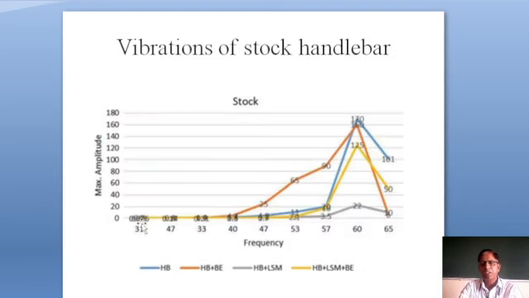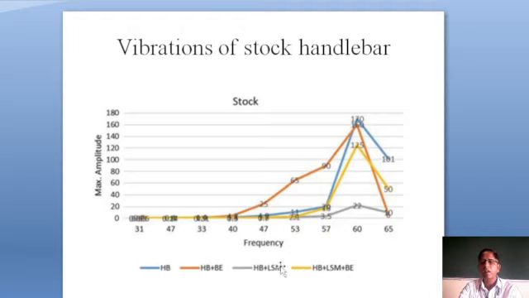So these are the vibration amplitudes for the stock handlebar. The blue line indicates the plain handlebar, the orange line indicates the vibration levels of handlebar plus bar ends, then the grey line indicates the handlebar plus mirror switches, and bar ends plus mirror switches plus handlebar is represented by blue.